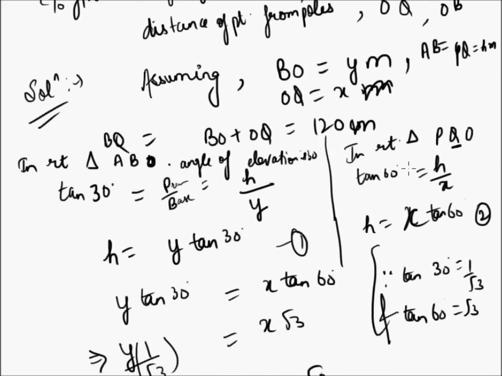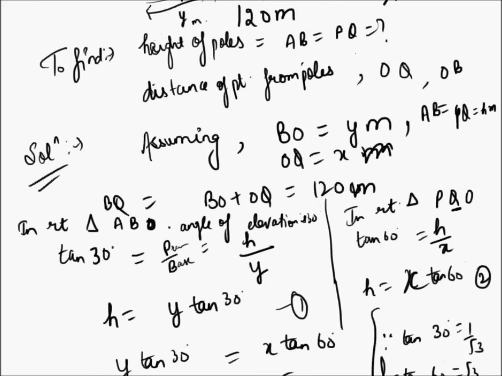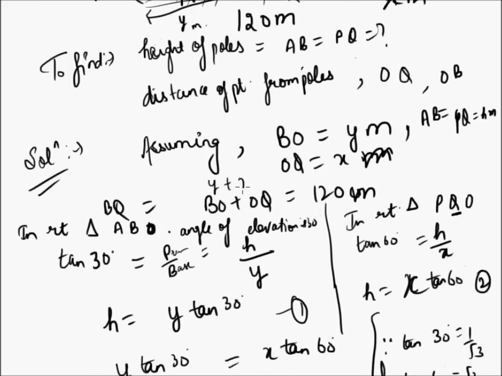But we also have BO plus OQ, where BO was y and OQ was x, as 120 meters.